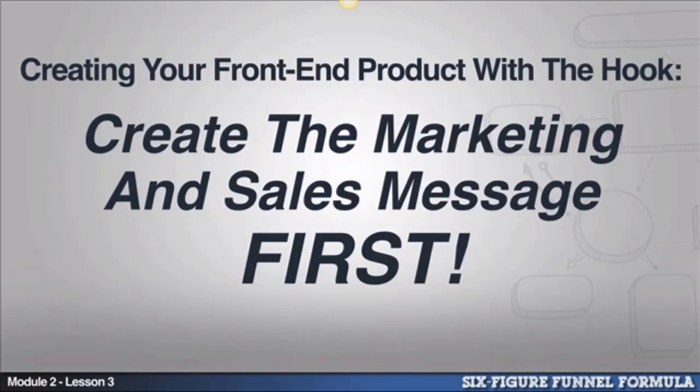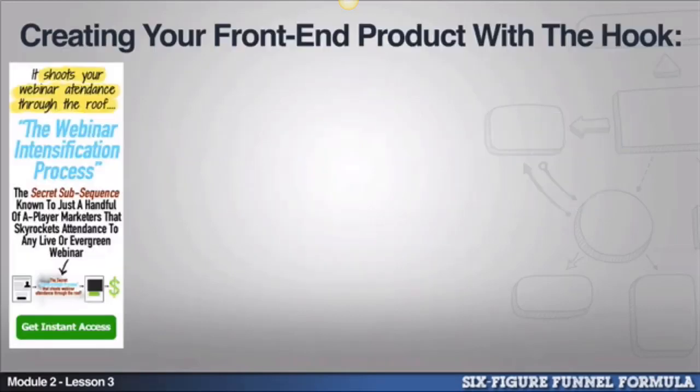See, by doing it this way, you're able to craft the most compelling marketing and sales message possible for the ideal perfect product. Once you do that, your job is to then design, build, create the product based on the hook, promise, and the marketing and sales message that you've created. Now, let me show you some simple examples of how I've done this in a variety of different companies.